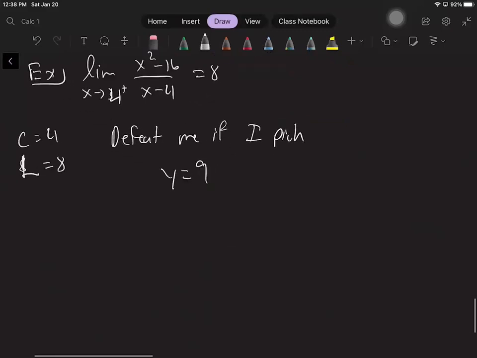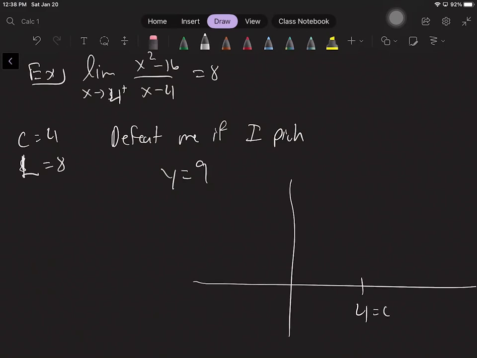Okay, so again, visually, here's c. The limit is 8. I'm picking a boundary of 9 and saying that you need to defeat me by picking something over here so that when you plug it in, you are closer to me, or closer to 8 than 9 is.